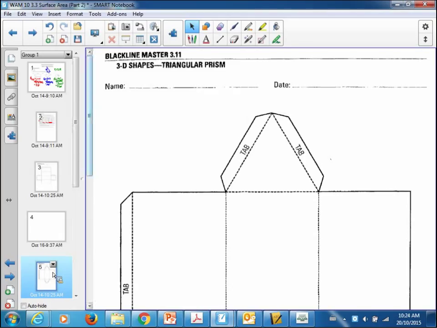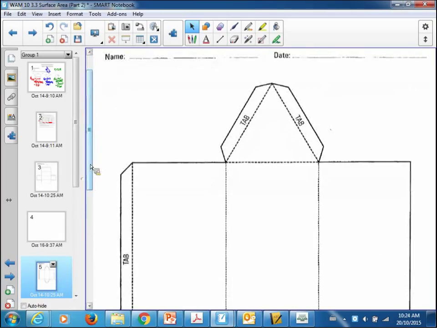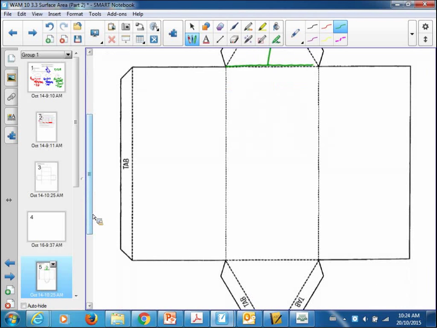A triangular prism, same thing here. You can measure the height and then measure the base. Put those in there. You'll measure the rectangles and calculate their areas. You might as well do the areas right on these two, by the way, length times width. If this is 5.2 centimeters and this is 11.5 centimeters, just calculate right in the middle here so that you have it when you pull it up.